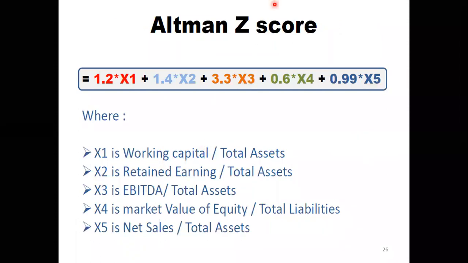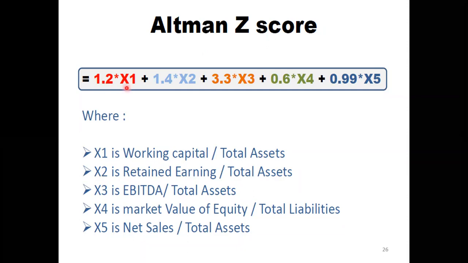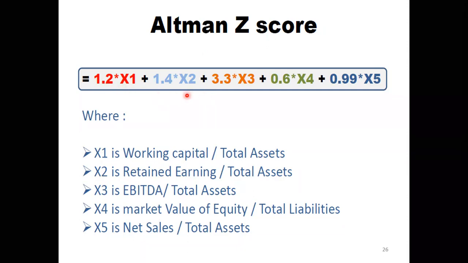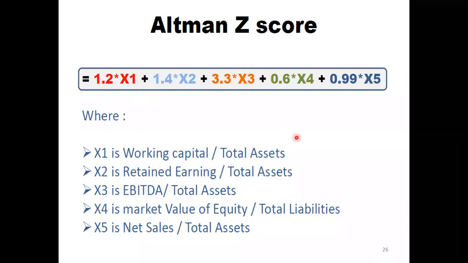Now, the Altman Z-Score is important. It's a formula, a normal regression, but it gives some weights. There are 5 variables to assess the risk of a particular company.